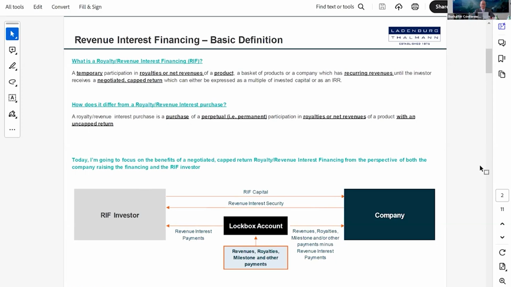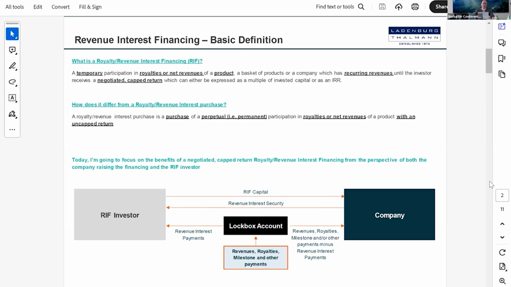You can see a block diagram at the bottom, which just shows a revenue interest financing, or RIF. An investor provides capital, and in turn, they get a temporary percentage of revenues of either one product or a basket of products, or all the revenues of the company, depending upon which. Doing this form of financing for a company does not delay money into the company.